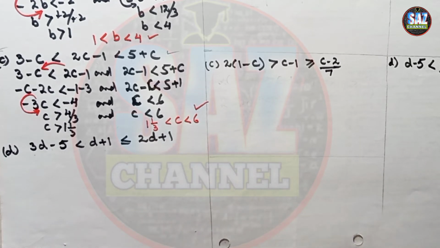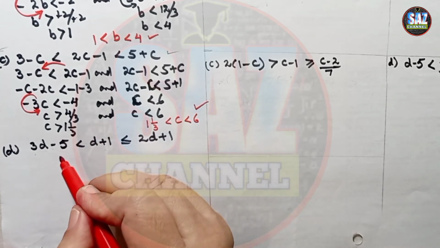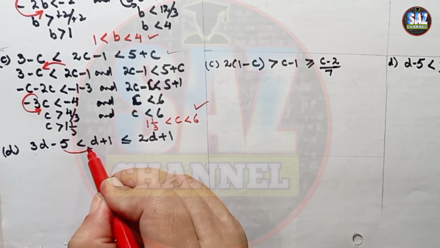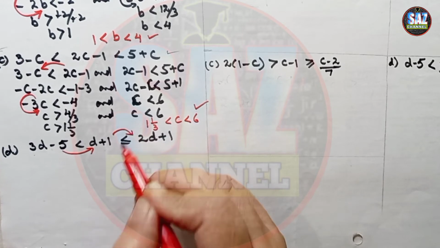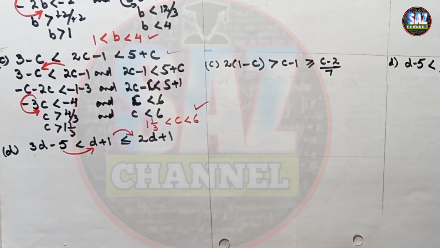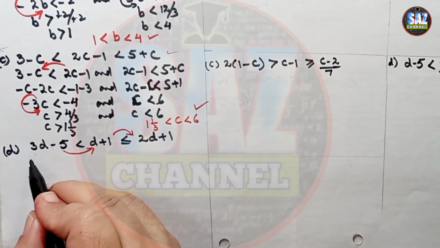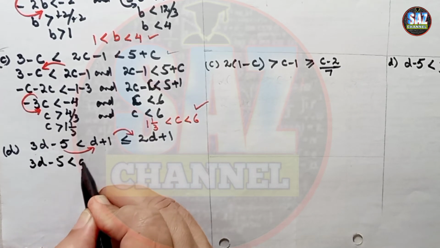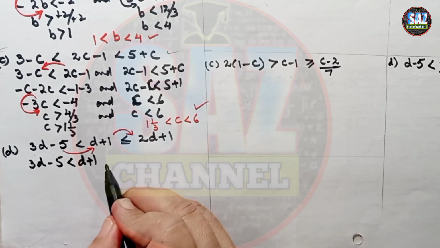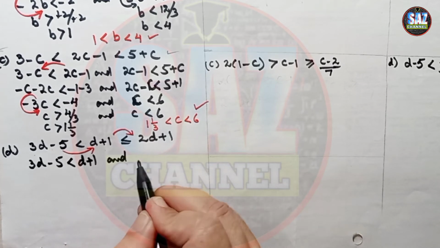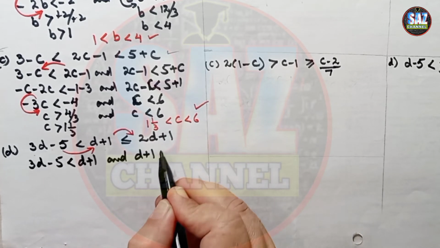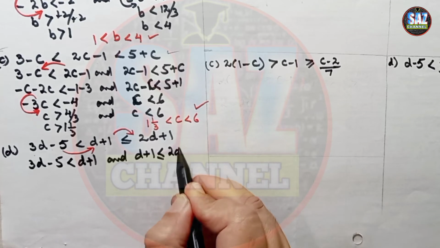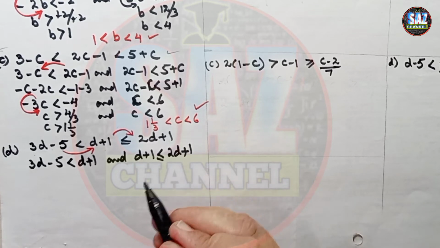First of all, break up the inequality into two parts and the expression will take the form 3d minus 5 is less than d plus 1, and d plus 1 is less than or equal to 2d plus 1.